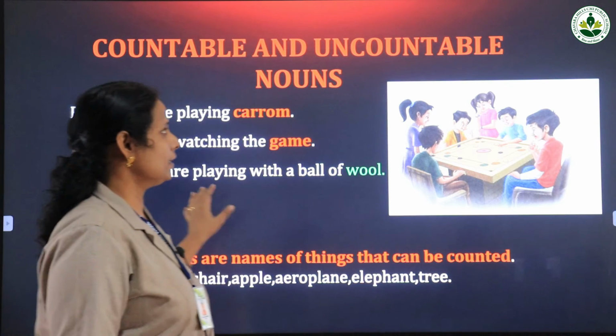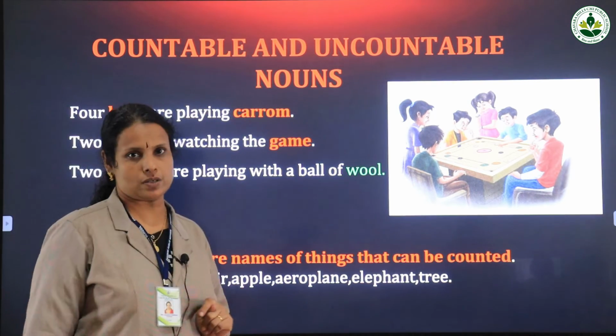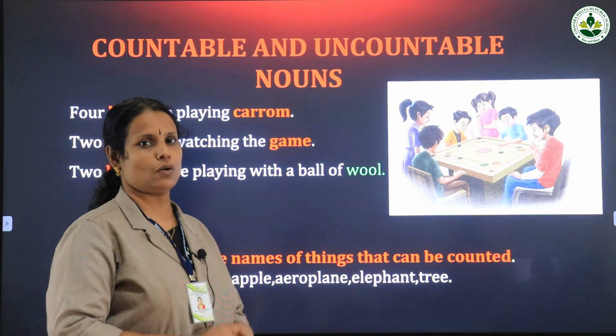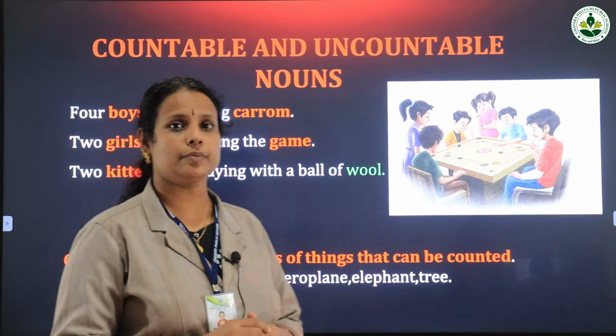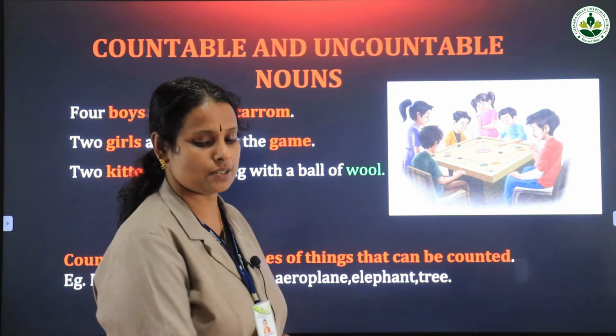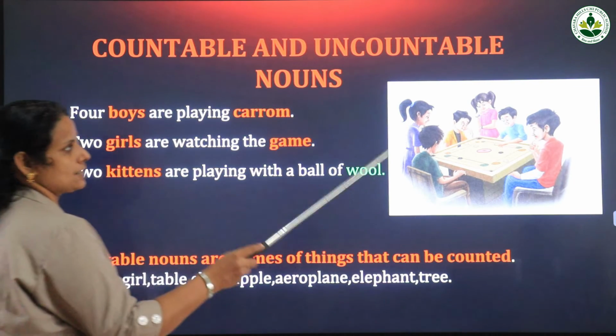Okay, today in this chapter we are going to study about countable nouns. In this class we will be discussing only countable nouns. So what are countable nouns? From the term itself we can understand that the nouns that can be counted are called countable nouns. Here, look at this picture.